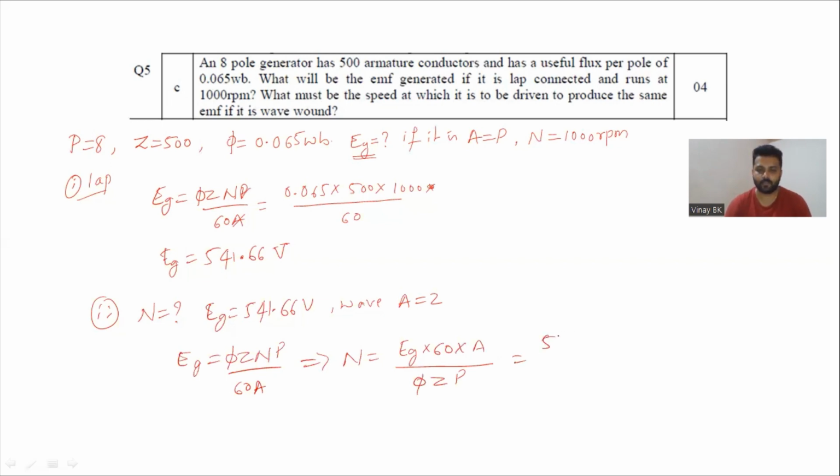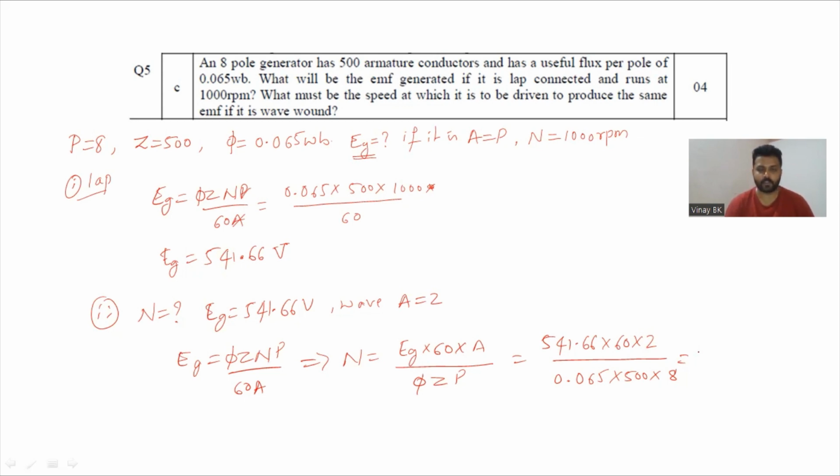Now we can substitute. EG is 541.66, into 60, into A equals 2 for the second case. Phi is given as 0.065, Z is given as 500. These are constant parameters. P is 8. So N equals 541.66 into 60 into 2 divided by 0.065 into 500 into 8.